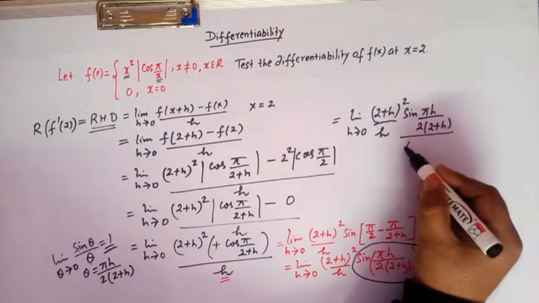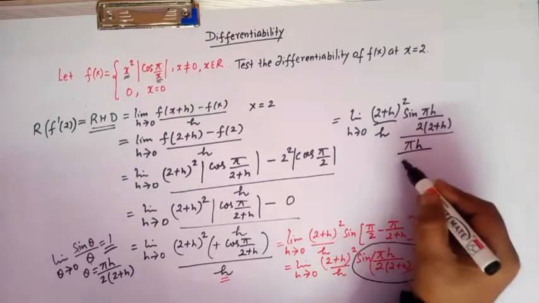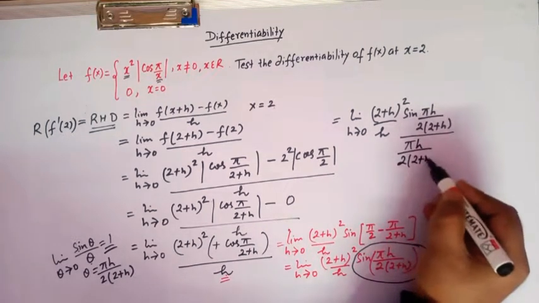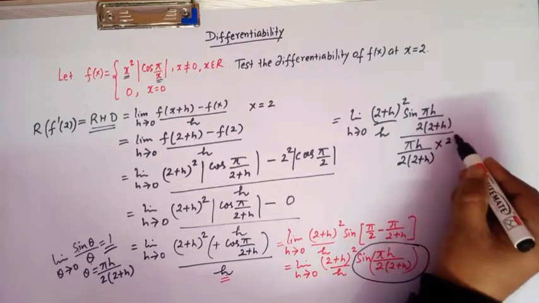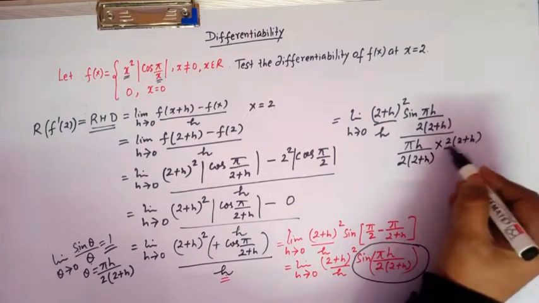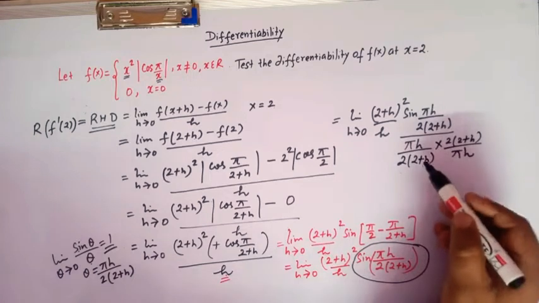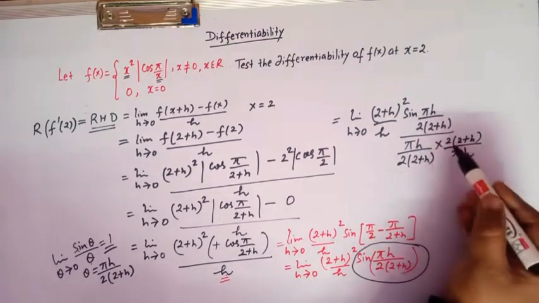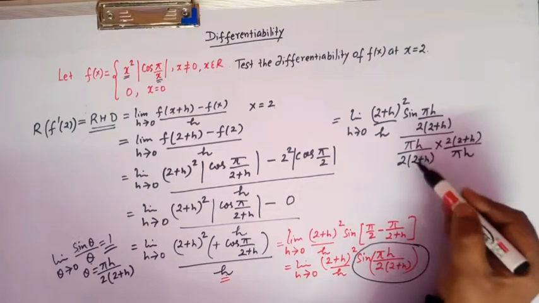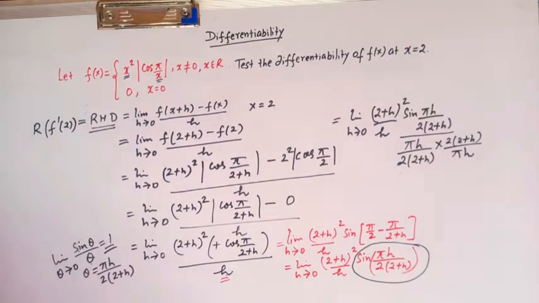So we multiply it by 2 times (2 plus h) over pi h. In order to neutralize this term, we have to multiply it by its reciprocal, right?